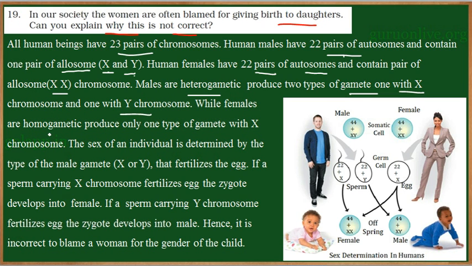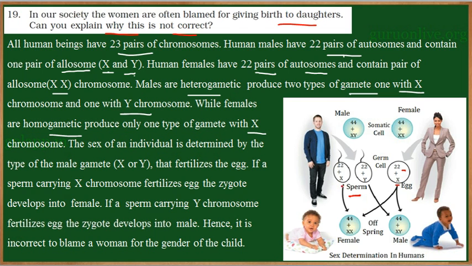While females are homogametic, they produce only one type of gamete where there would be 22 autosomes with X chromosome. Now in this picture we can see the male gametes which are heterogametic, 22 autosomes plus X, 22 autosomes and Y. In case of female, all the gametes are the same with 22 autosomes and X.